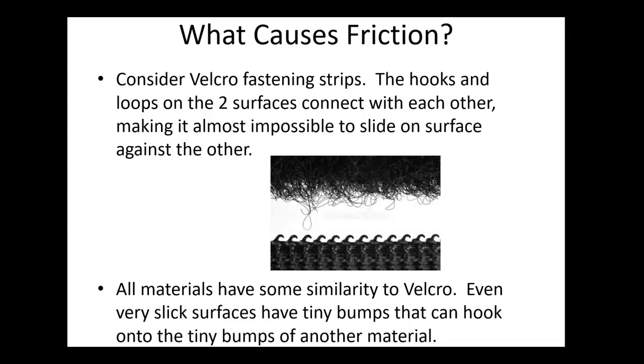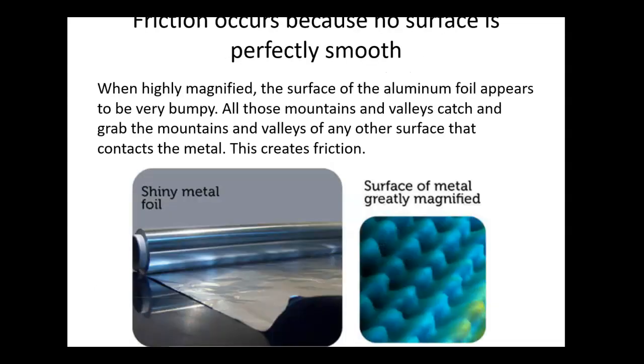Every object, when you try to slide it against something else, behaves in a similar fashion. For example, here we have a piece of metal foil, and it looks very smooth and shiny and slick. But if you magnify down on the surface, you can start to see that there are little mountains and valleys.